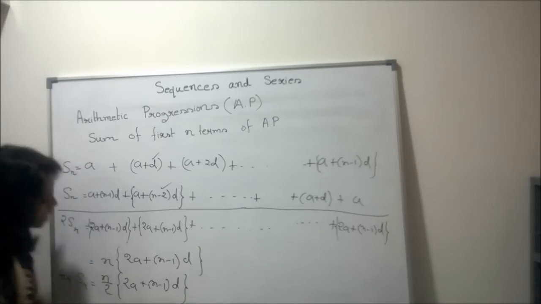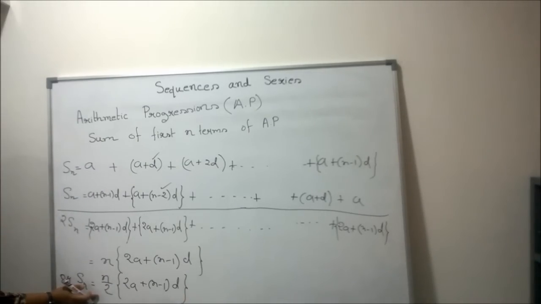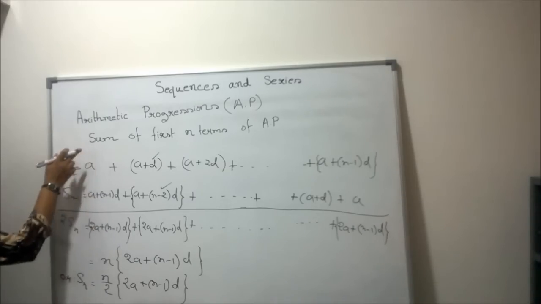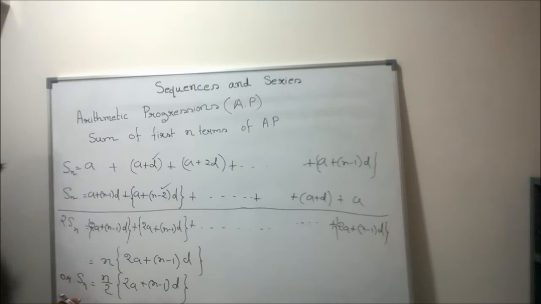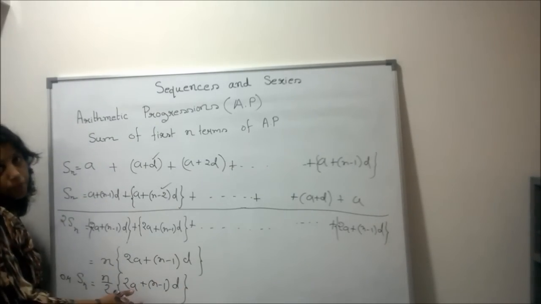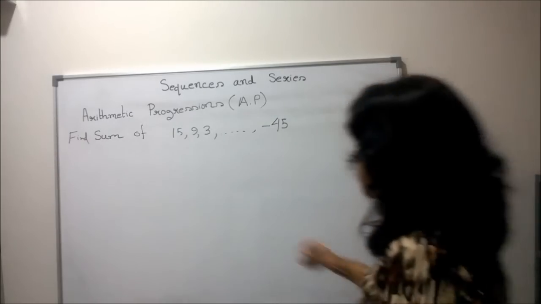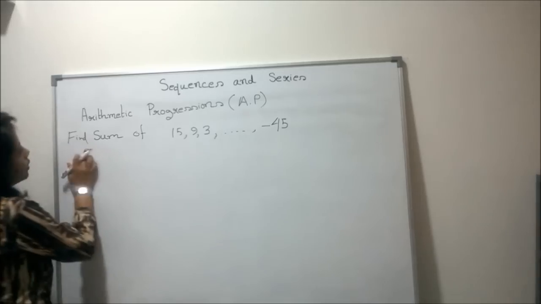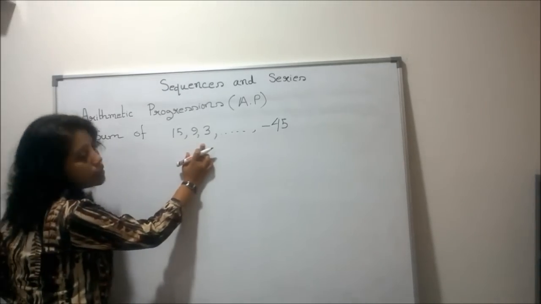You have to memorize this. This is the general formula to find the sum of the first n terms of an AP. Okay, and we will use it to solve our problems. Look at the next problem. We have to find the sum of this given sequence.